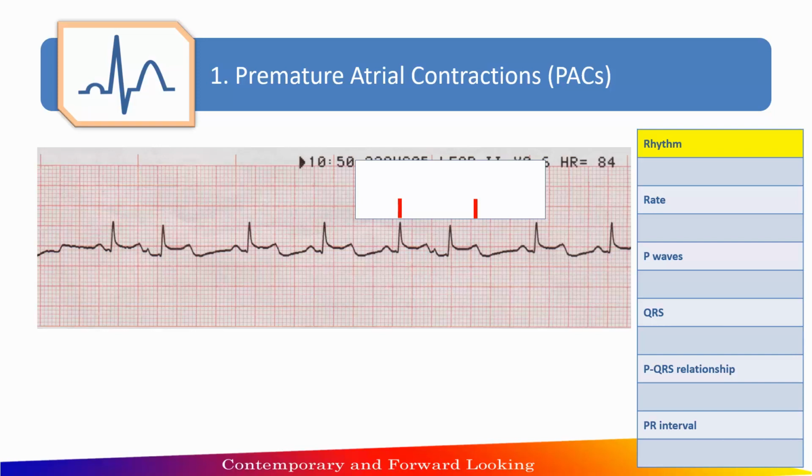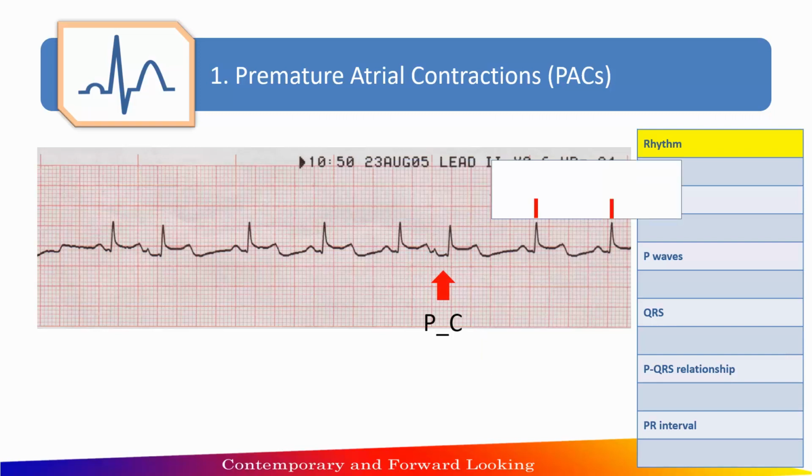But what exactly is happening? Let's analyze this for a second. The next expected sinus beat is supposed to occur here, where the blue line is, but instead, this beat seems to have occurred earlier than expected. This is what you call a premature contraction. So go ahead and mark that off.